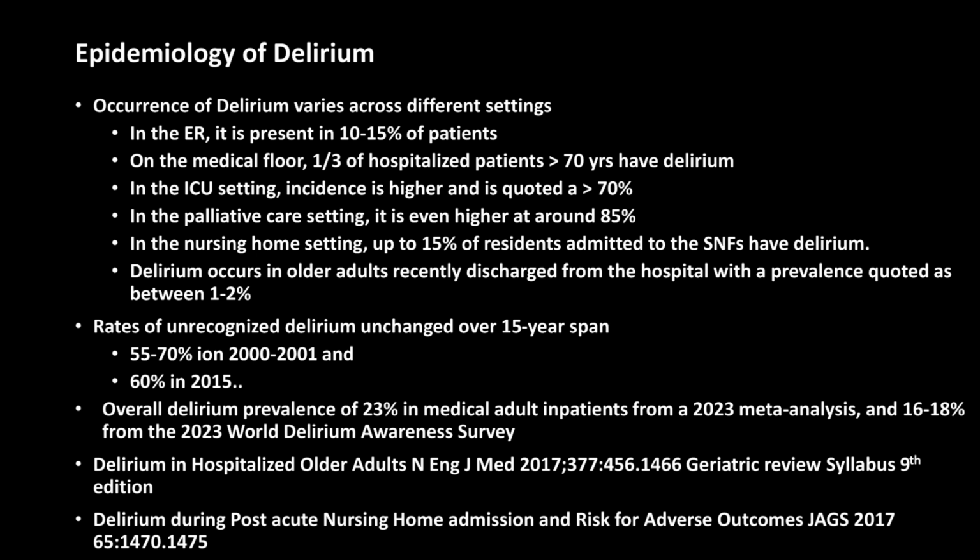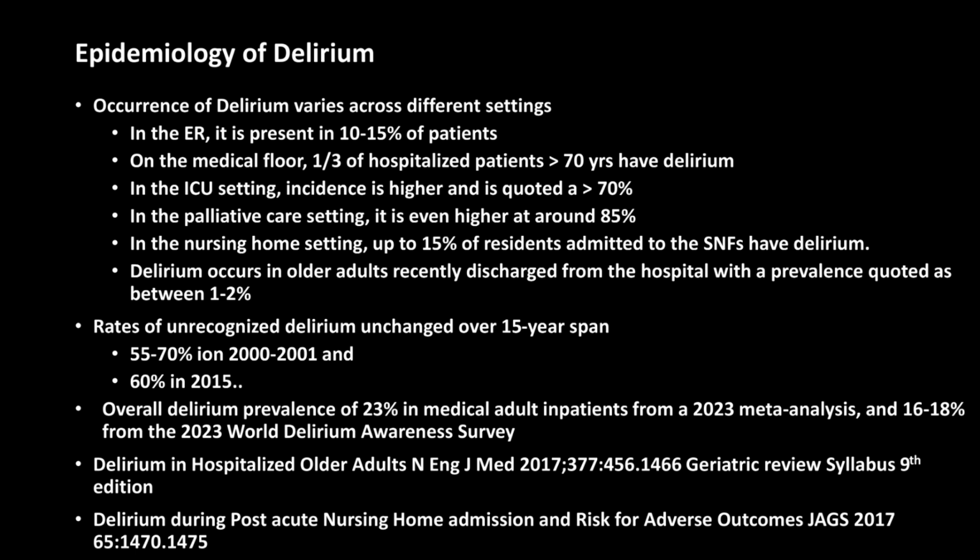We know that the occurrence of delirium varies across different settings. This slide lists the epidemiology of delirium in various settings that we see throughout the healthcare continuum. It is important to note that rates of unrecognized delirium remain unchanged over a 15-year span.